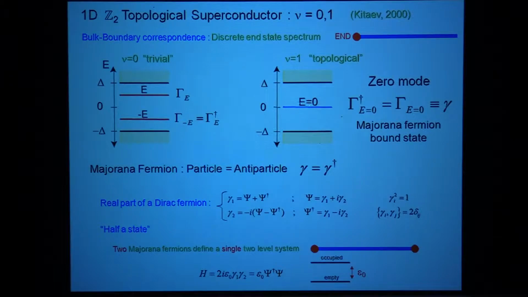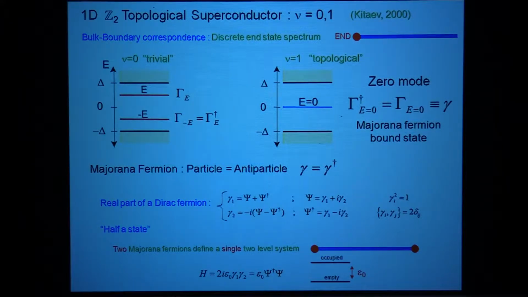Unless you had a state that was at exactly zero energy. Okay, and so this zero energy state would be its own partner. This doesn't break the rules; this still has the particle-hole symmetry. But what you can tell is that if you have this state exactly at zero, then you can't get rid of it, because if you tried to move it away from zero, then its partner would have to appear out of nowhere.